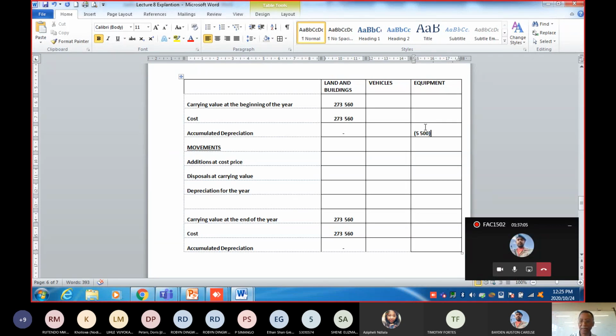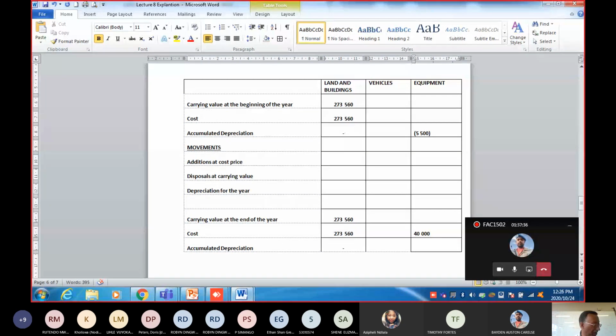But your equipment, the 40,000 Rand that you see there, that is the balance as at the 31st of December 2012. So that is the cost price at the end of the year, 40,000 Rand. Because if you go back now to page 6, you will see there the balances, those are the balances as on the 31st of December 2012, which is the balances as at the end of the year.